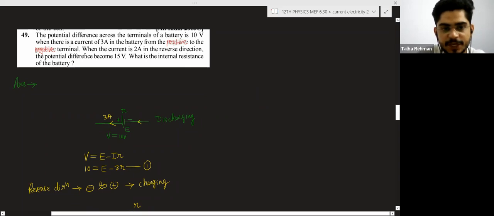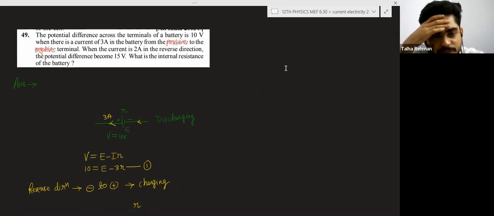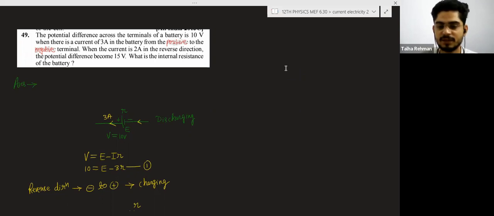Just note it down and change the question. This is positive to negative terminal. The equations of charging and discharging of a cell are very important. If the cell is charging, the potential difference across the terminal will be V is equal to E plus IR.